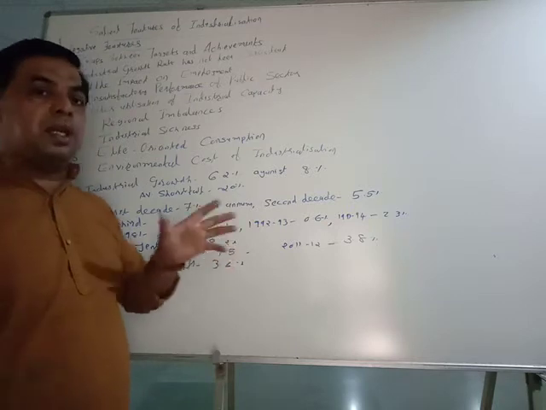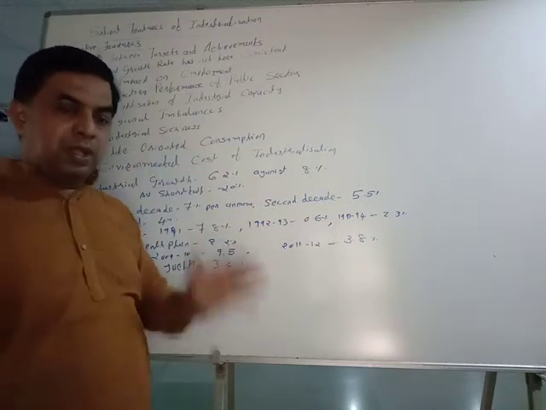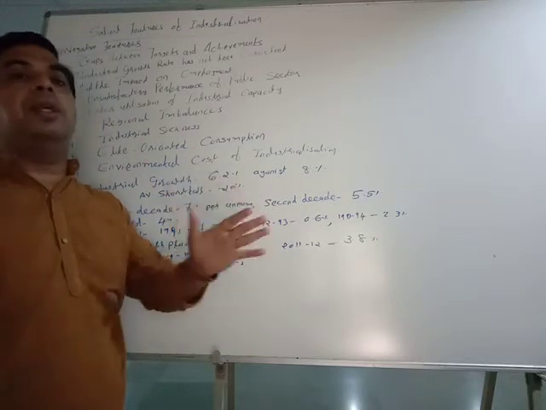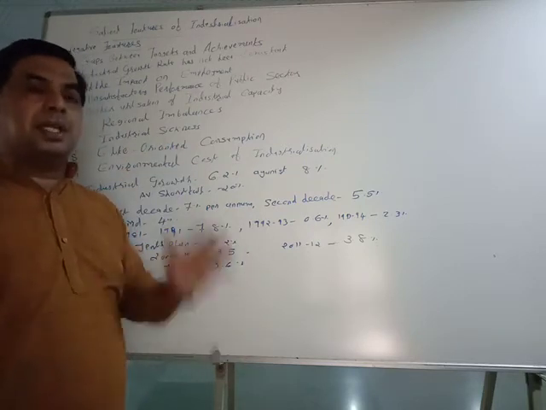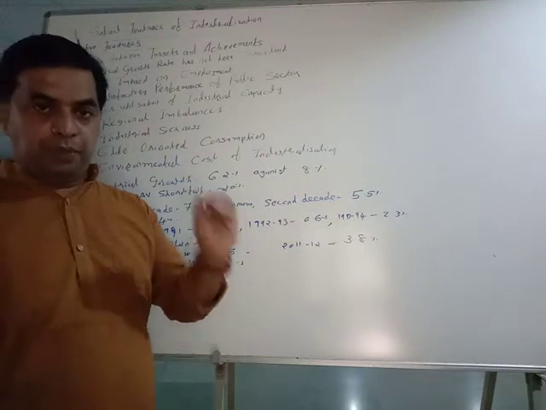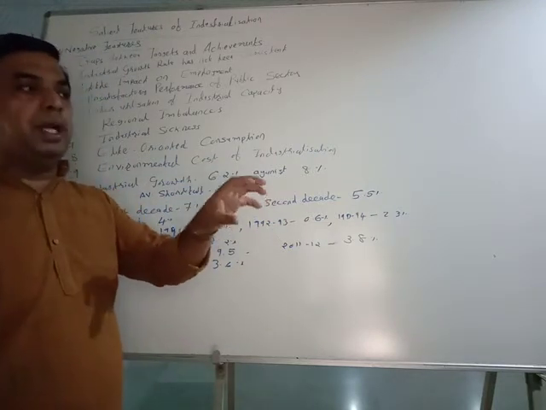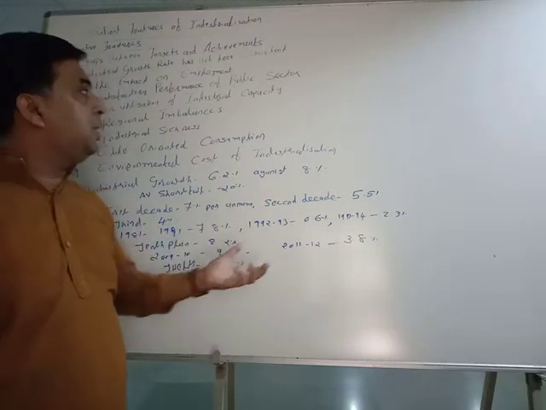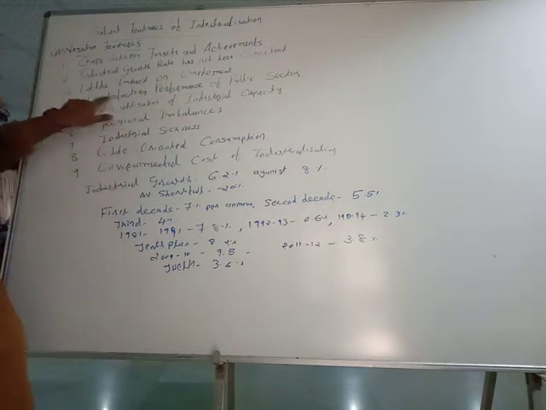While sectoral distribution of GDP is concerned, about 45% of the working population is still depending on agriculture, while the secondary sector provides employment to only about 25% of the population. So our industrial growth rate has not been able to absorb the working population. This is the limitation: very little impact on employment.